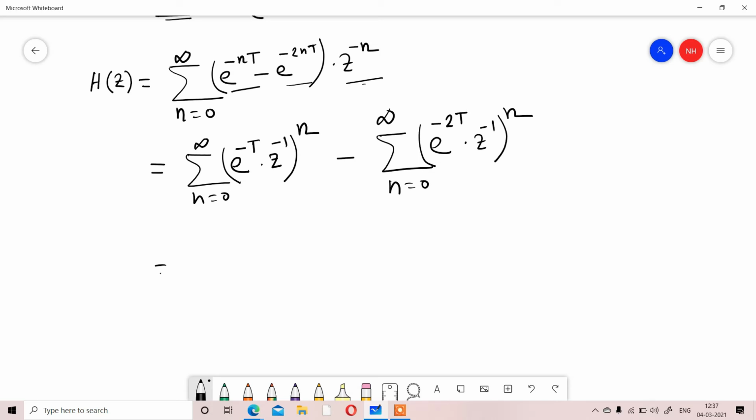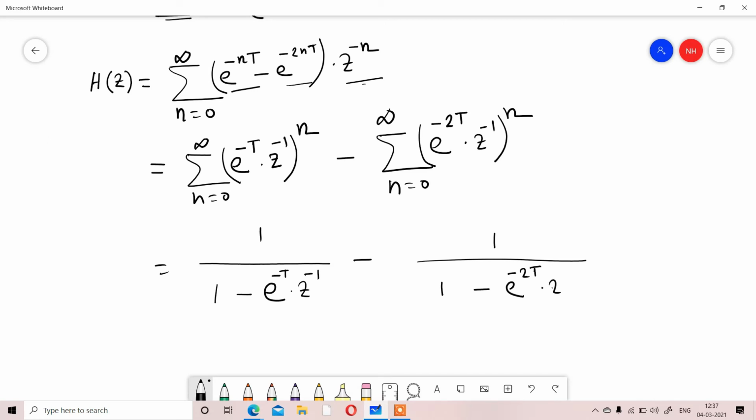So again, using the summation of n equal to 0 to infinity a to the power n formula, 1 by 1 minus a, we get 1 by 1 minus e to the power minus T z to the power minus 1, minus 1 by 1 minus e to the power minus 2T z to the power minus 1.